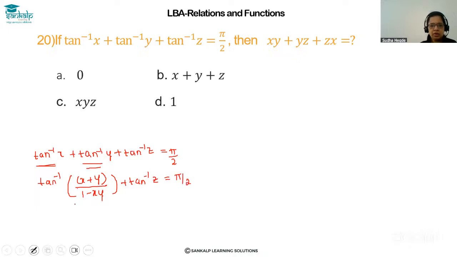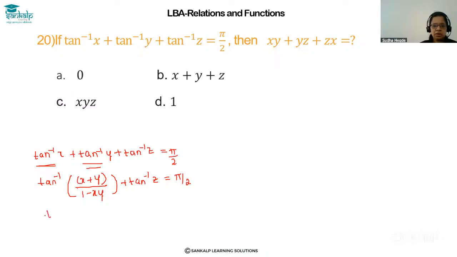Okay. Now, again use the tan inverse A plus tan inverse B formula. Instead of A, you have x plus y divided by 1 minus xy. Instead of B, you have z.